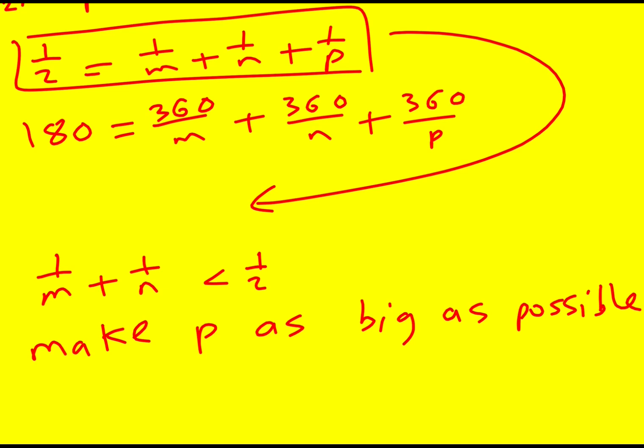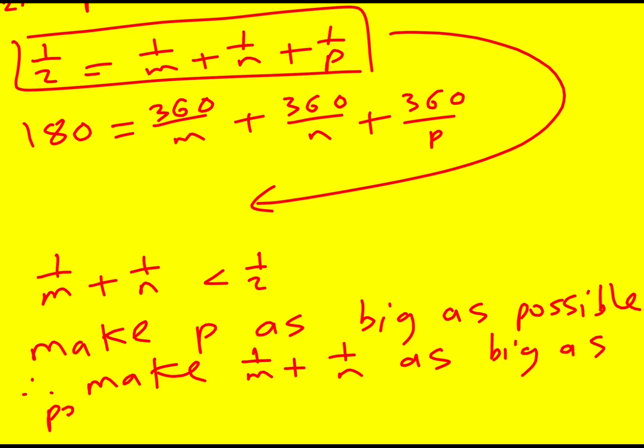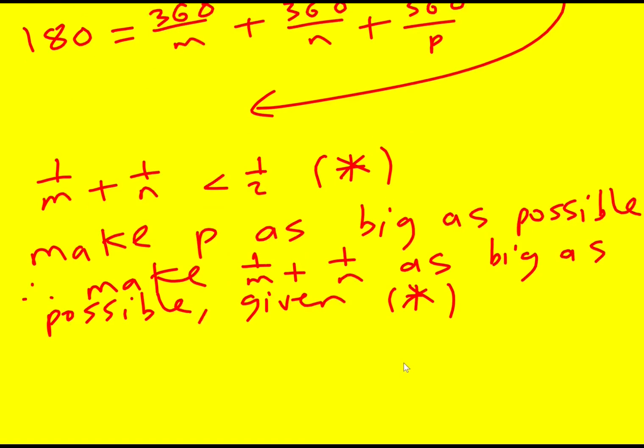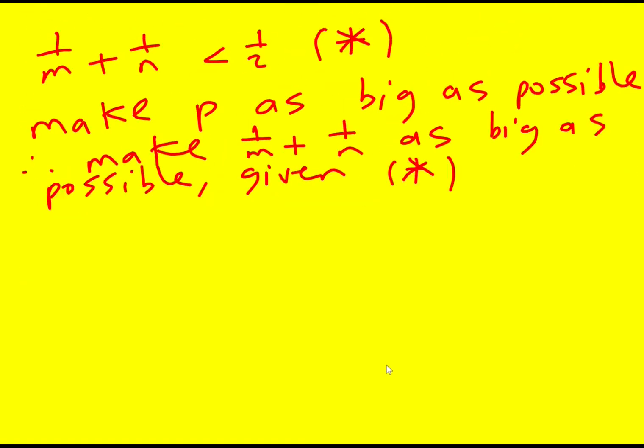So we want to make 1 over p as small as possible. Therefore, we want to make 1 over m plus 1 over n as big as possible as well, given this thing here, which I'm going to call star. Make them as big as possible, but actually they've got to be less than a half. Okay, so now it's just a case of trying some numbers out.